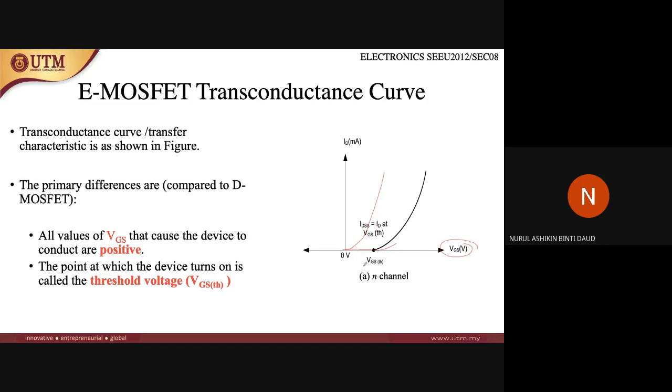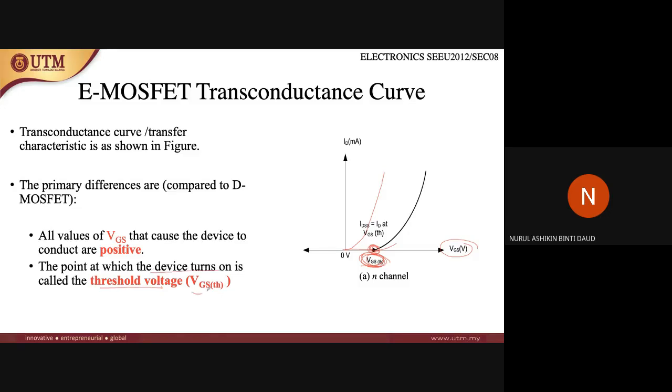The voltage at the point where the current flows inside the device is called the threshold voltage. So the threshold voltage is the voltage that turns on the device.